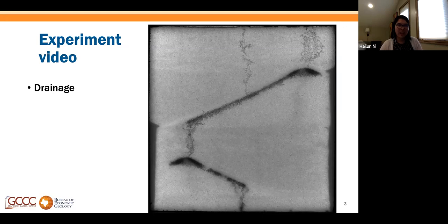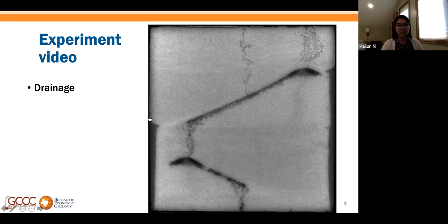And in order to do that, image registration is very important in making sure that each pixel aligns perfectly with each other so that the CO2 saturation can be as accurate as possible.